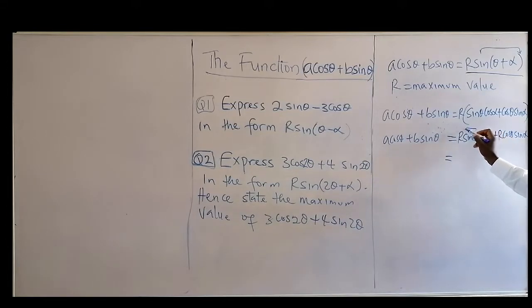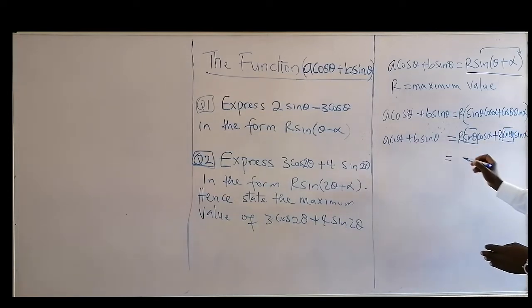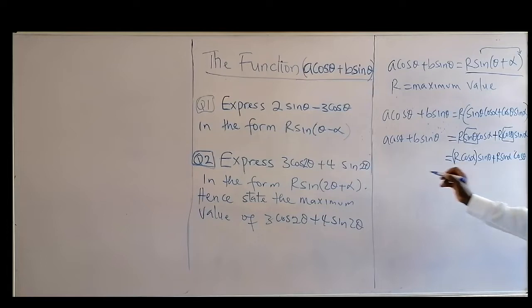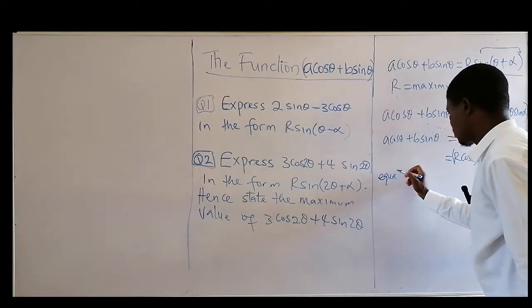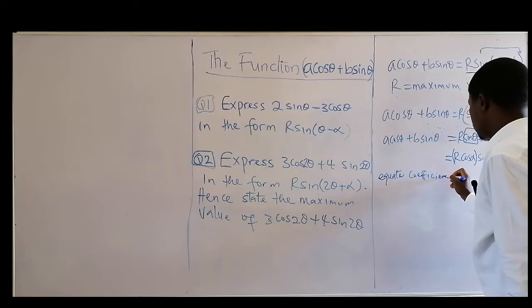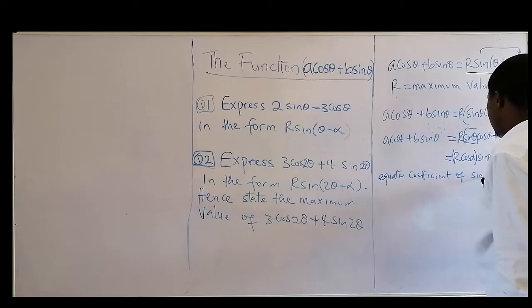Then the next thing to do, I want to equate the coefficients of sin θ on the two sides of the equation, and the coefficient of cos θ. So let me rearrange: r cos α sin θ plus r sin α cos θ. So we equate coefficients of sin θ.